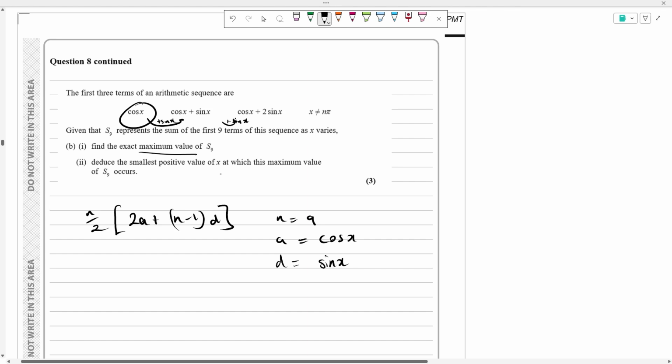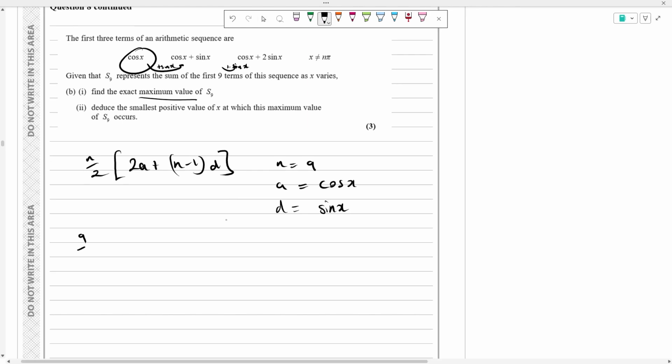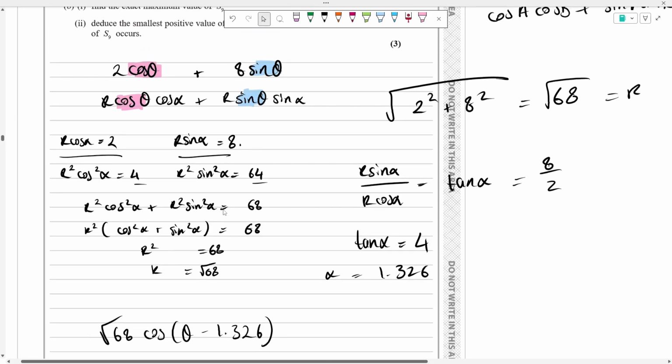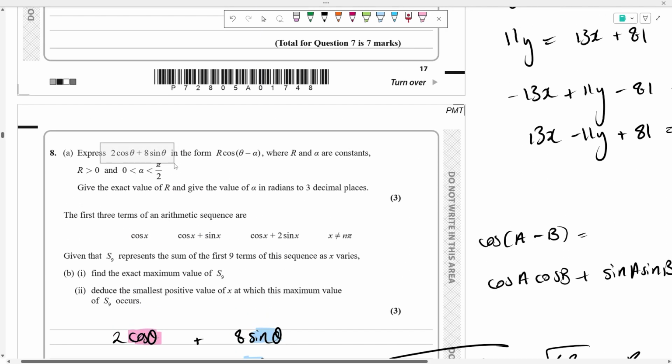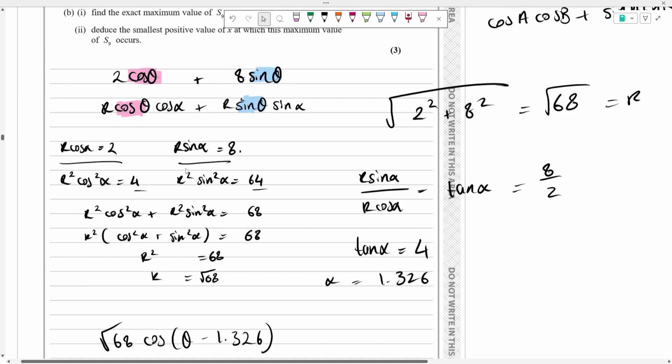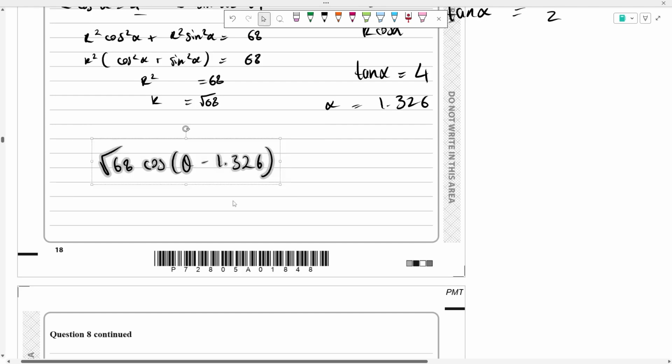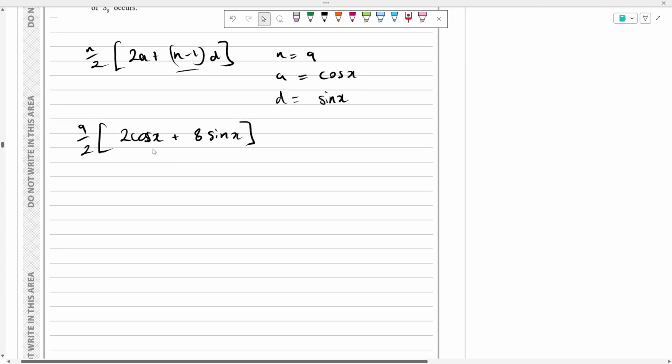Using these, we can sub everything into our formula, and we end up with 9/2, that's going to be 2 cos x plus 9 minus 1, that gives you 8 sine x. Oh, wait. This looks really similar to what we had in part A. Edexcel really likes to do this. They really like to link your part A to part B in some way. So because we already made this expression here, I'm going to take what we already worked out and just sub it into here.